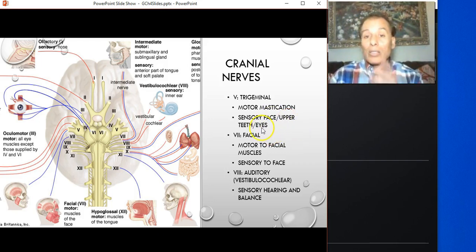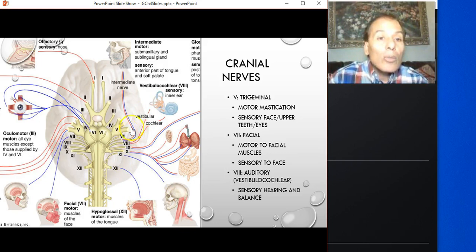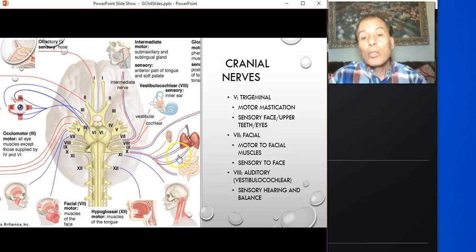from the eyes, sensation. And then we have the facial nerve. That's nerve number 7. If you look here, number 7, and where is it? This one. They go from top to bottom. So the facial nerve has motor functions, and it enables us to move our facial muscles, for example, smiling, puckering your lips and rounding your lips and so on.